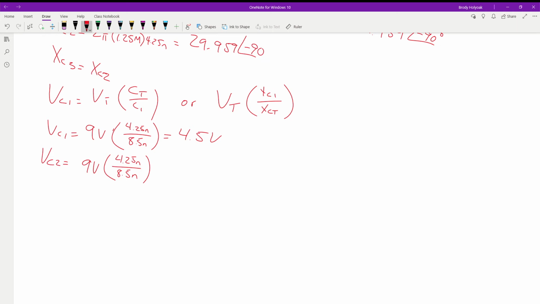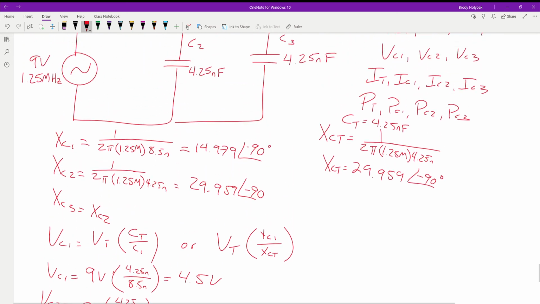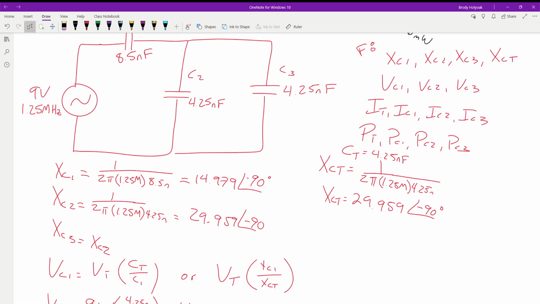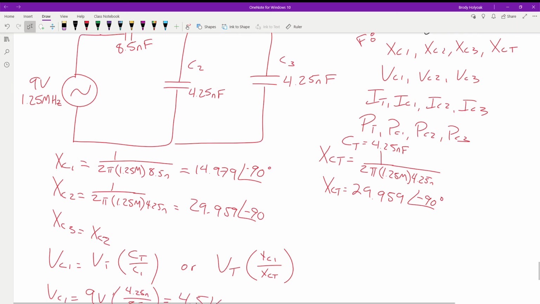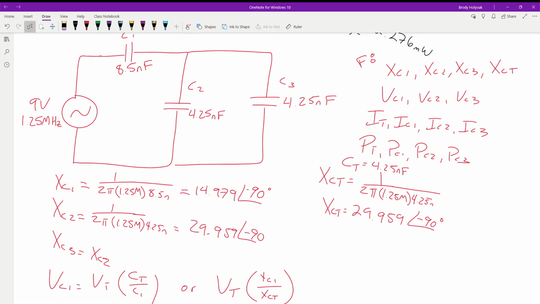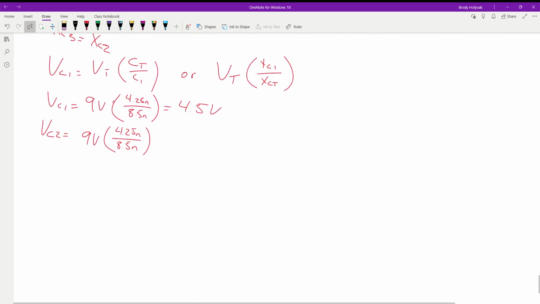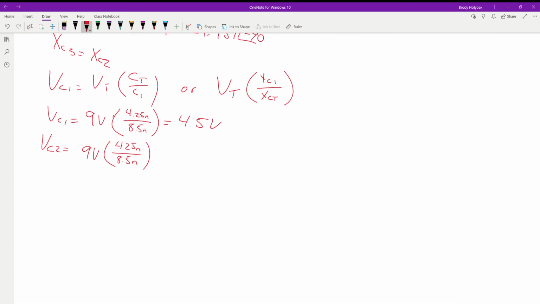Because remember, this is capacitance total. This is the capacitance of the parallel branch, because you add them together. You got to remember, those combine together for one value, because voltage divider only works with series components. You get 4.5.